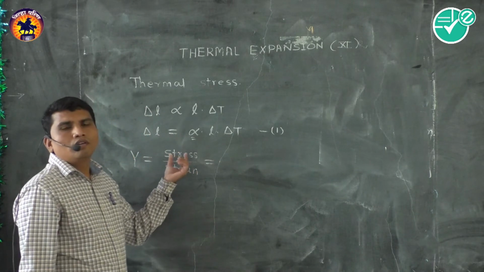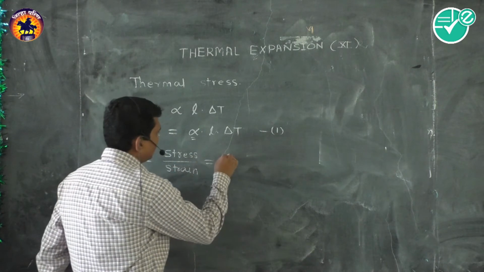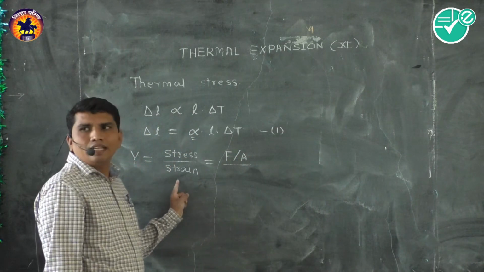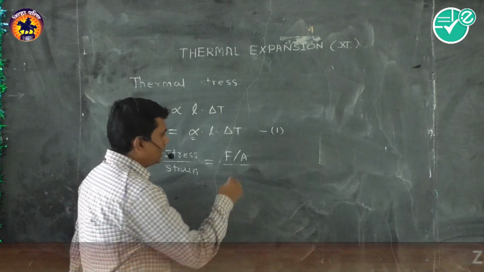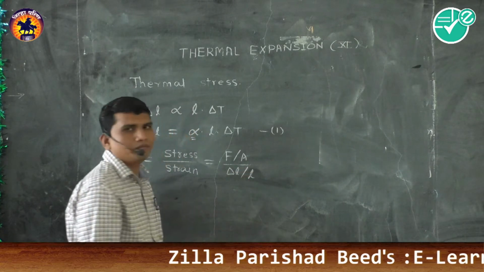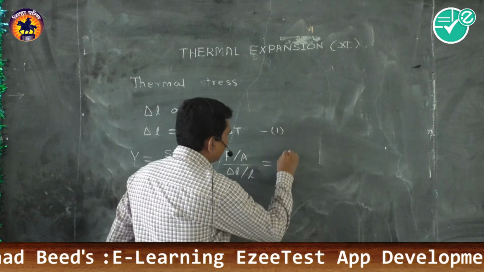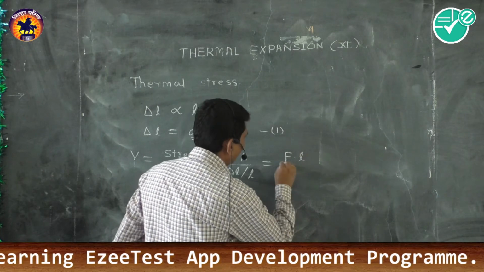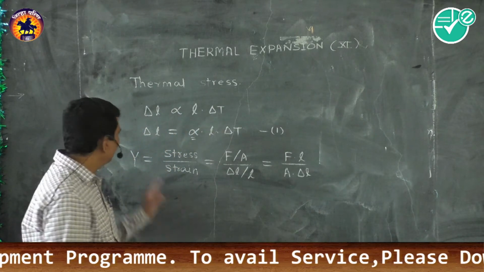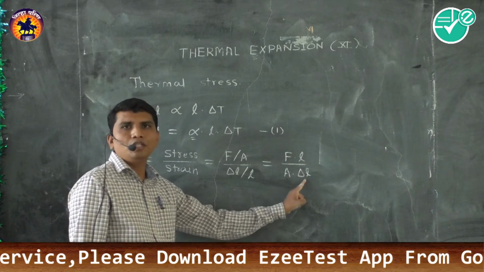Stress means applied force upon area, so stress is equal to F upon A, and strain is the change in length upon original length, that is delta L upon L. On rearranging the terms, we have Y equal to F into L upon A into delta L.